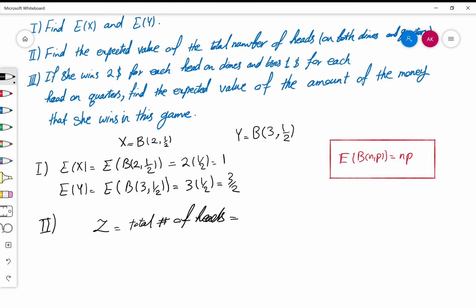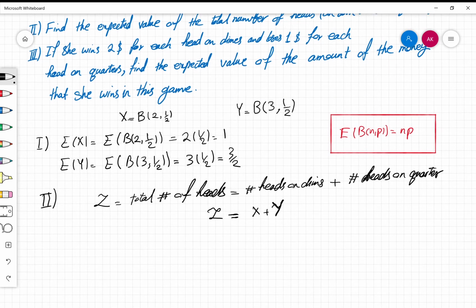And we know that the total number of heads is equal to the number of heads on dimes plus the number of heads on quarters. We already have a random variable for each one, in other words, this new random variable z is the sum of 2 random variables x and y.